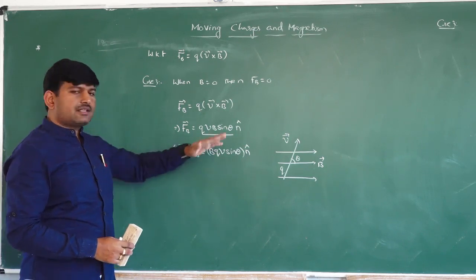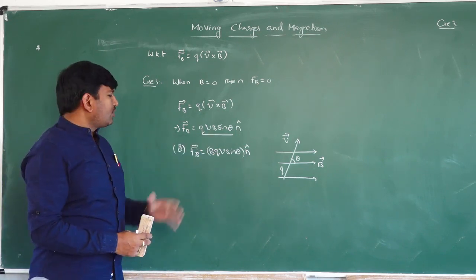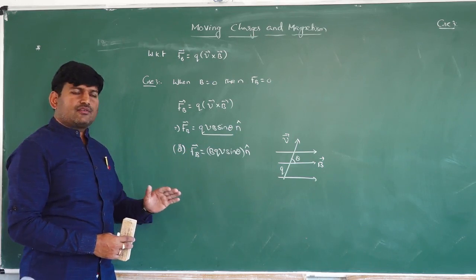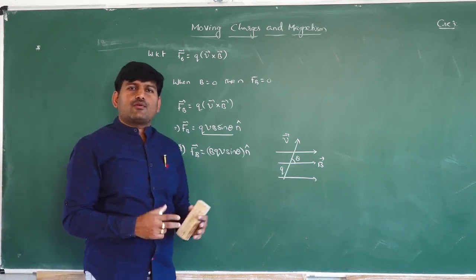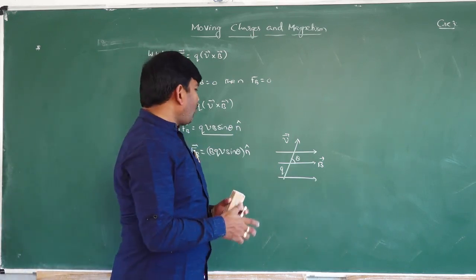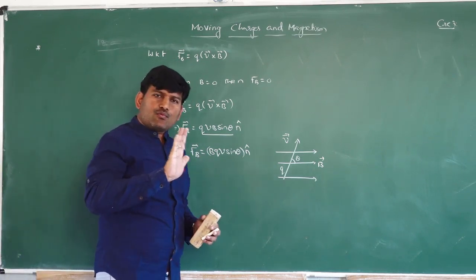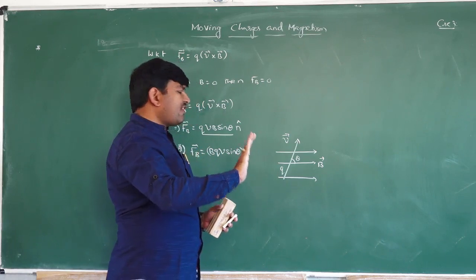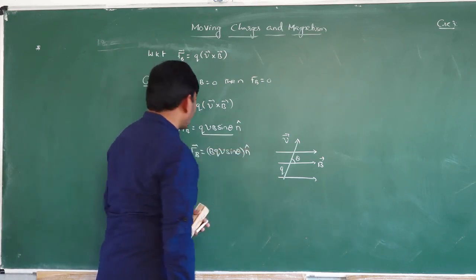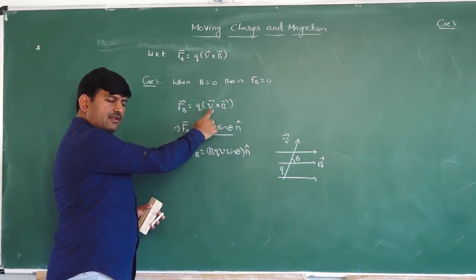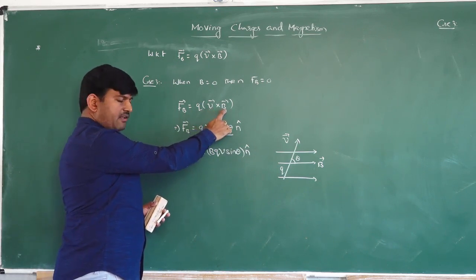Then how to get the direction of the magnetic force here? To get the direction of magnetic force acting on the charge, it is very simple. We have to go for the curl rule. What the curl rule says is we have to take our right hand and move the right hand from the first vector towards the second vector. In this one, the first vector is the velocity vector and the second vector is the magnetic field vector.